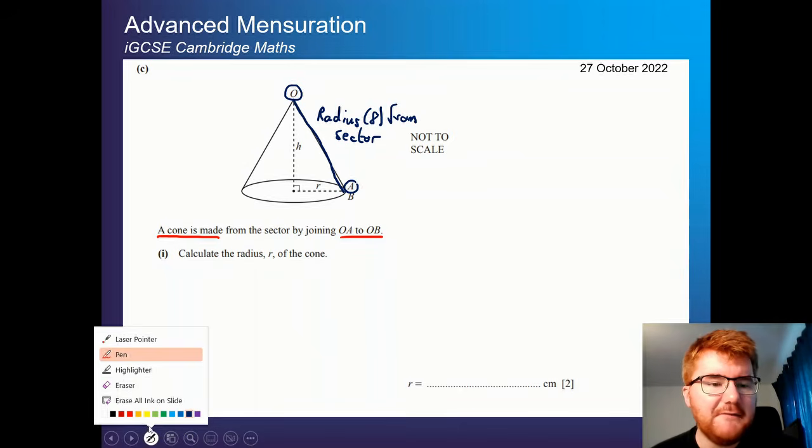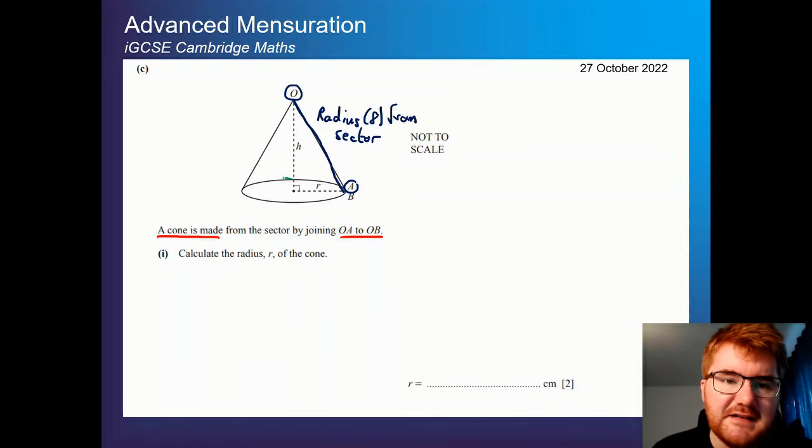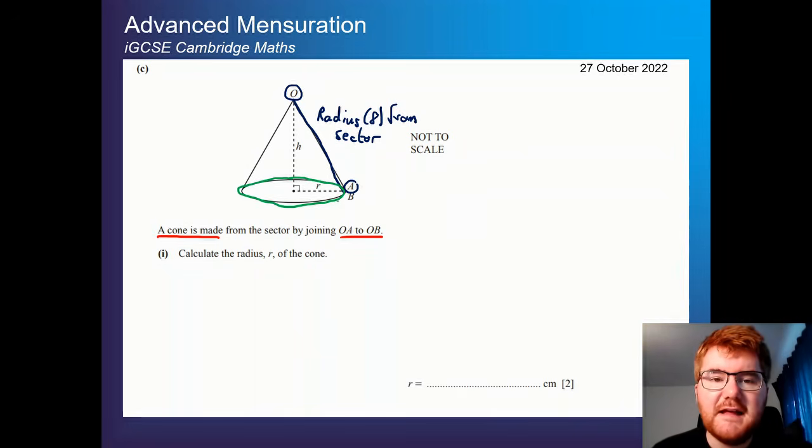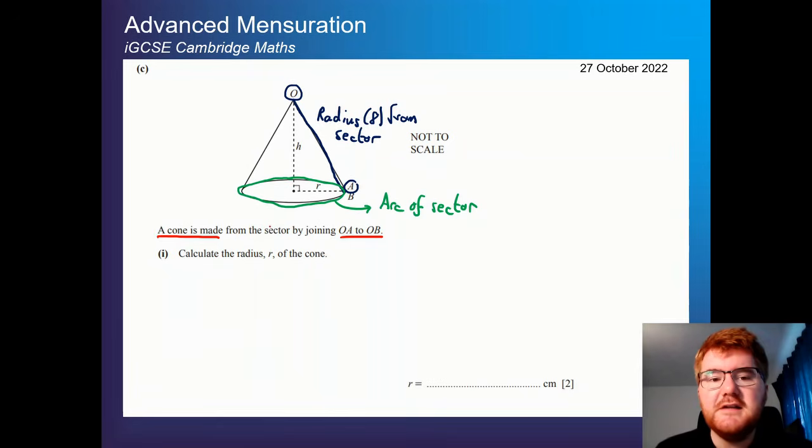And more importantly for the question in front of us, let's do this in green. So what we're going to do now is that the circumference, so this green part of the cone, that's going to correspond to the arc of the sector, which we actually worked out in the very first part of the question. So let's then do these two parts of the question. So first of all, we want to work out the radius of this cone.